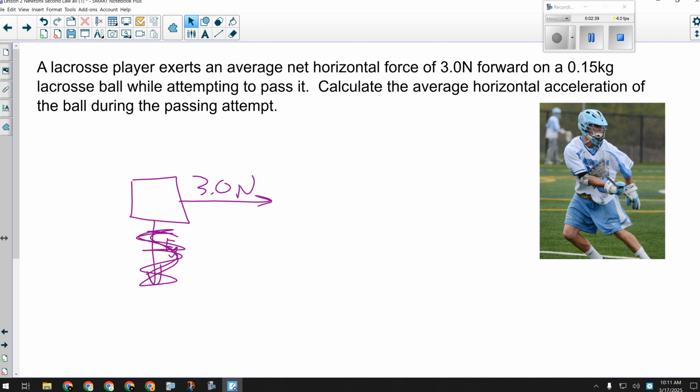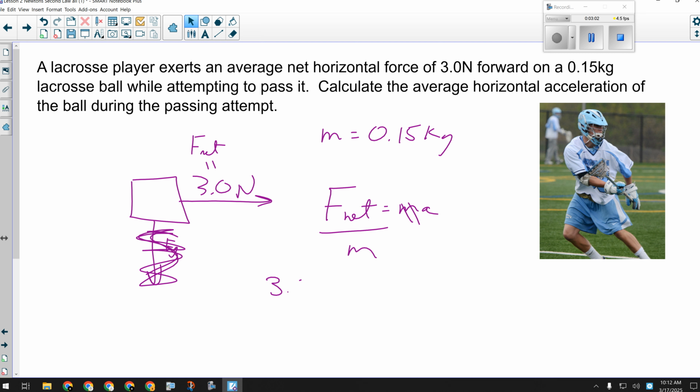The question outright told me F net equals 3 newtons, horizontally. And they also tell me the mass of the lacrosse ball is 0.15 kilograms. So F net equals m times a. I'm trying to find a, so I'll divide both sides by mass. That'll be 3.0 divided by 0.15.